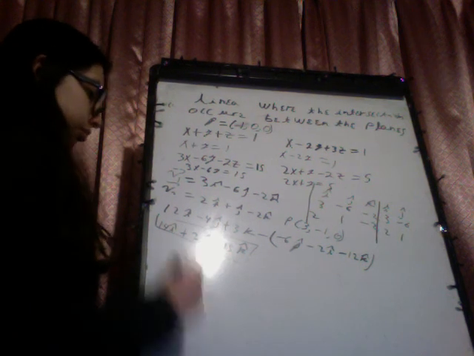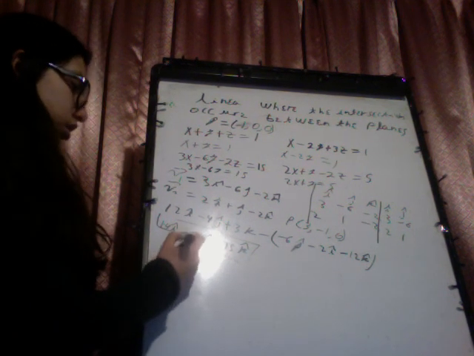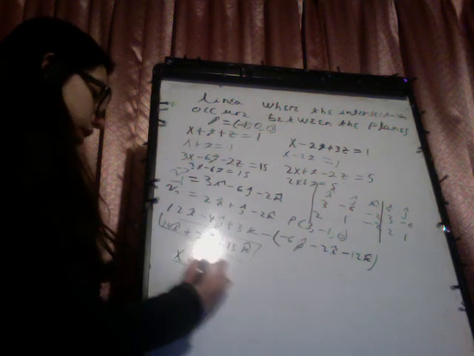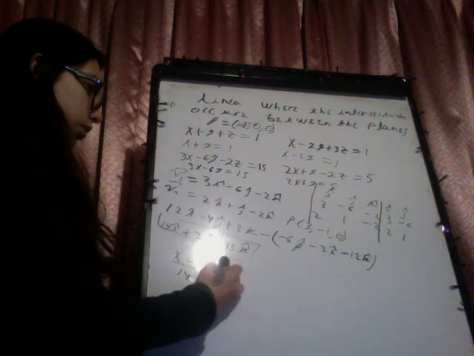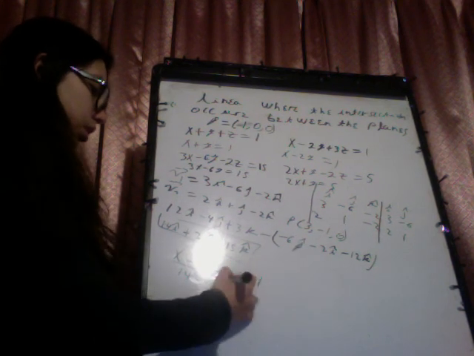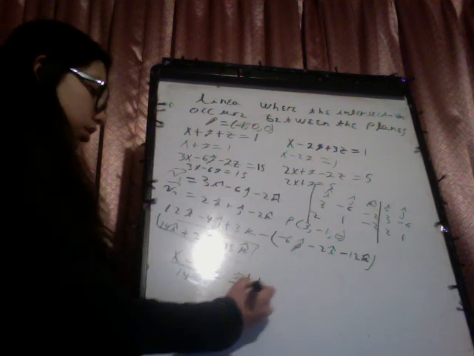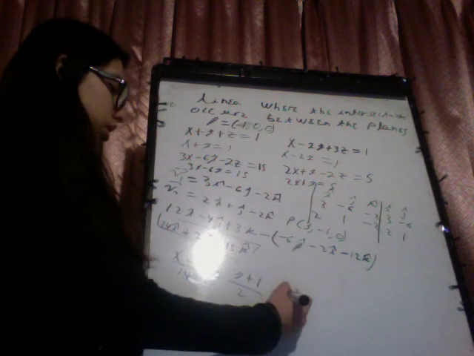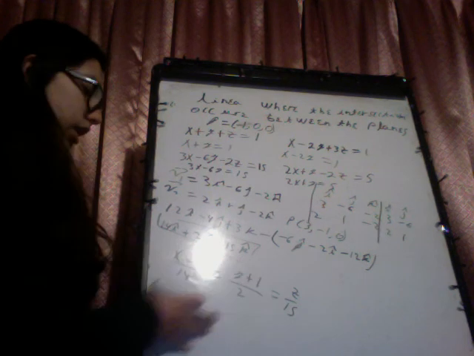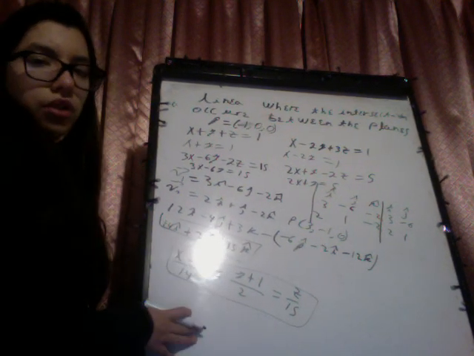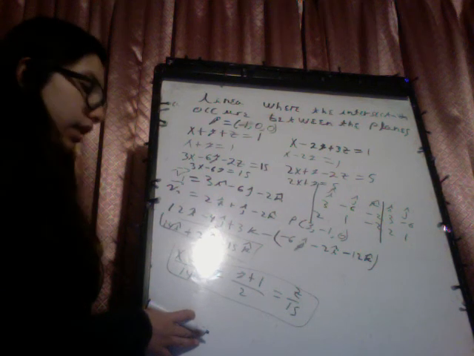So, again, it would be x minus 3 divided by 14 is equal to y minus minus 1, so plus 1, divided by 2 is equal to c minus 0 divided by 15. Again, these are the symmetric equations for the line.